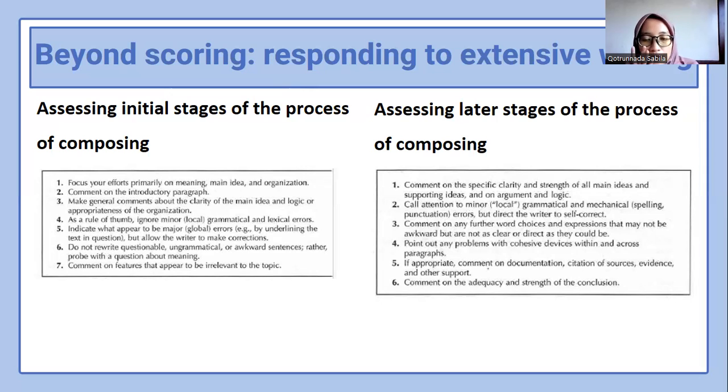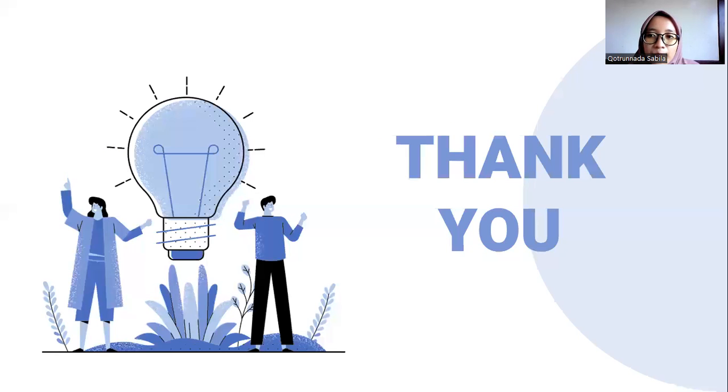Call attention to minor grammatical and mechanical errors, but direct the writer to self-correct, and then comment on any further word choices and expressions that might not be awkward, but are not as clear or direct as they could be, and then point out any problems with cohesive devices within and across paragraphs. If appropriate, comment on documentation, citation of sources, evidence, and other support, and then comment on the adequacy and strength of the conclusion.